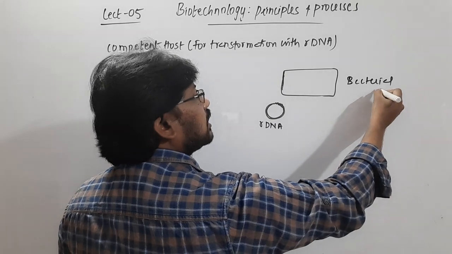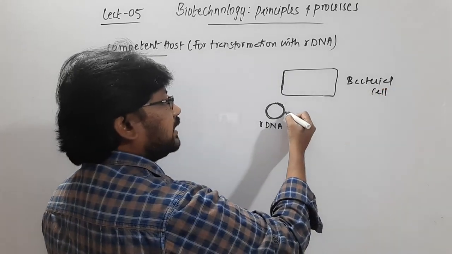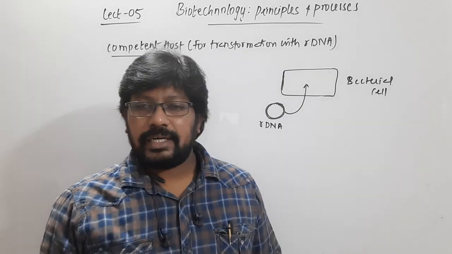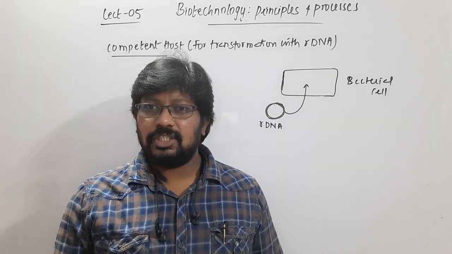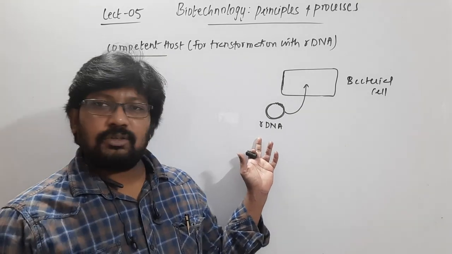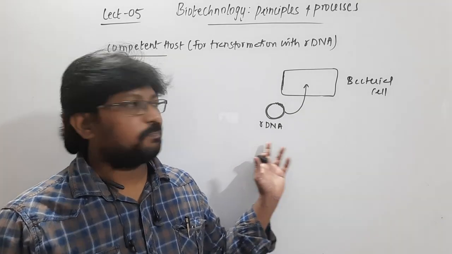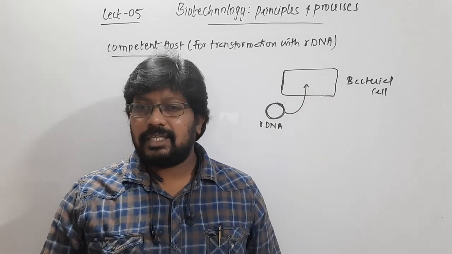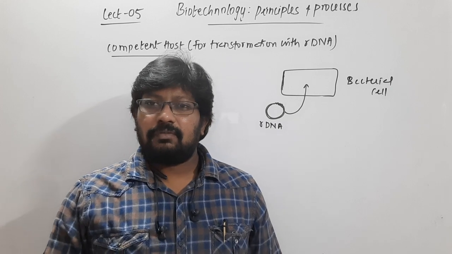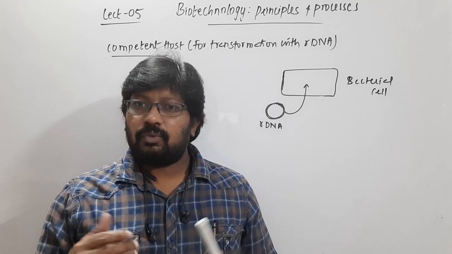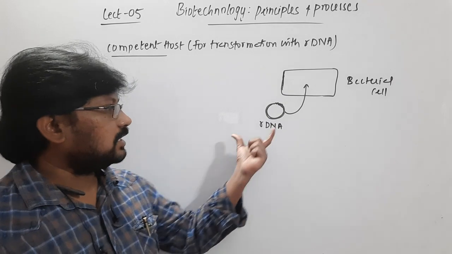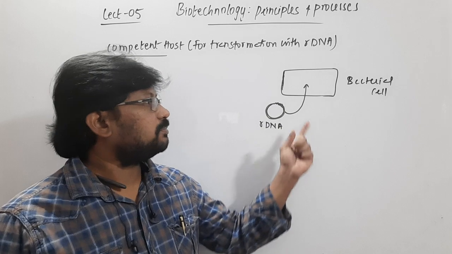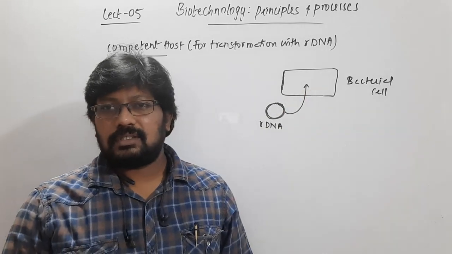So this is a bacterial cell, and I need to introduce it into the bacterial cell so that the expression of that linked gene to this plasmid will be expressed in the bacterial cell. So if it is present outside, its expression is not possible. For that linked gene, or whatever genes you have linked with this or present in this rDNA, to get expressed, they must be present inside a host cell.